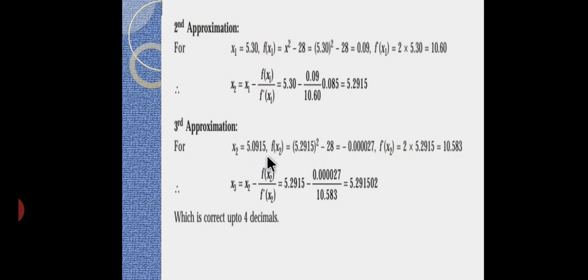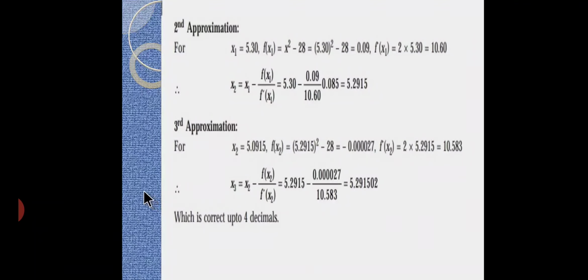Here also we find the values of f of x2 and f dash of x2 for the third iteration. At the x2 value, f of x2 is equal to 5.2915 whole square minus 28, that is equal to 0.000027, and f dash of x2 is equal to 2 into 5.2915, that is equal to 10.583.